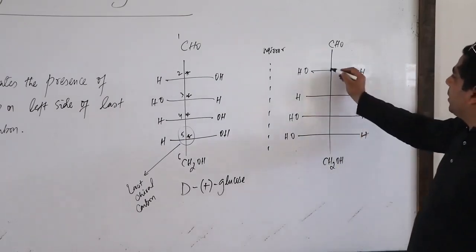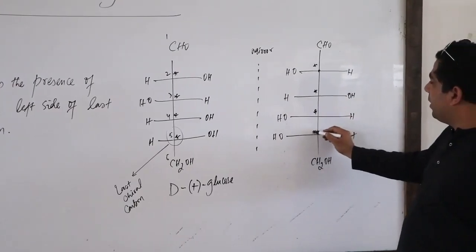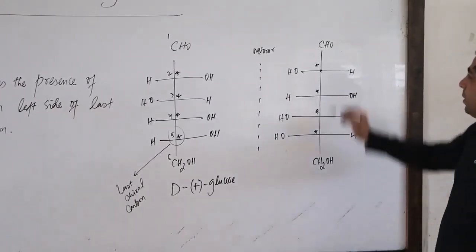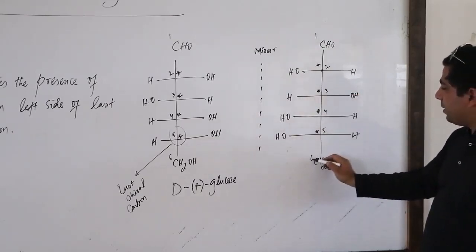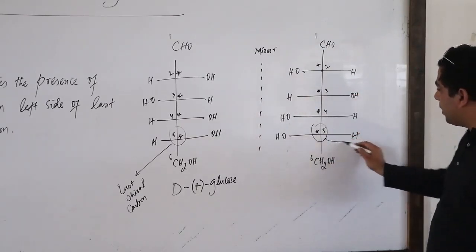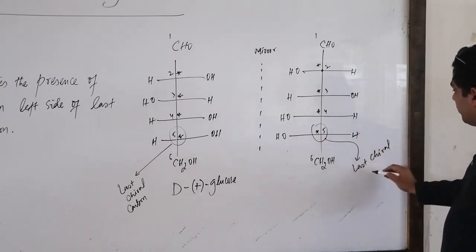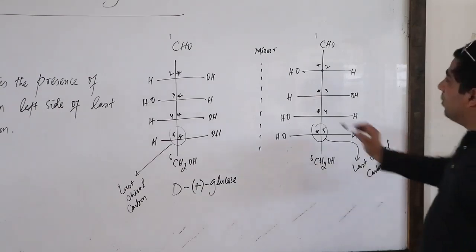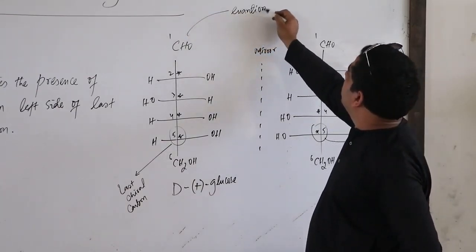So now this is chiral carbon, chiral, chiral and chiral. Now look here. This is first carbon, second, third, fourth, fifth and sixth. The fifth one is the last chiral carbon. Once again I will tell you, these two are now enantiomers.